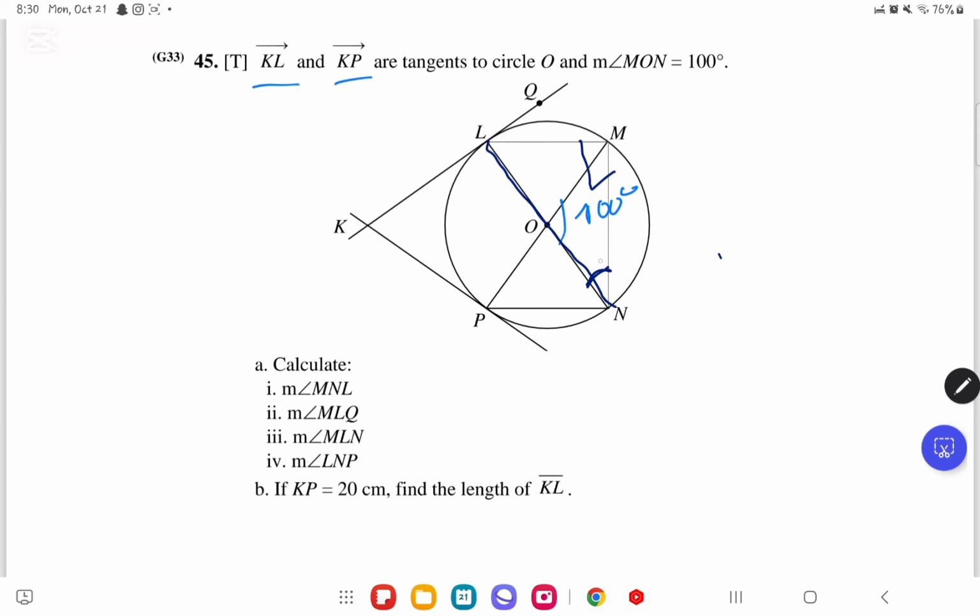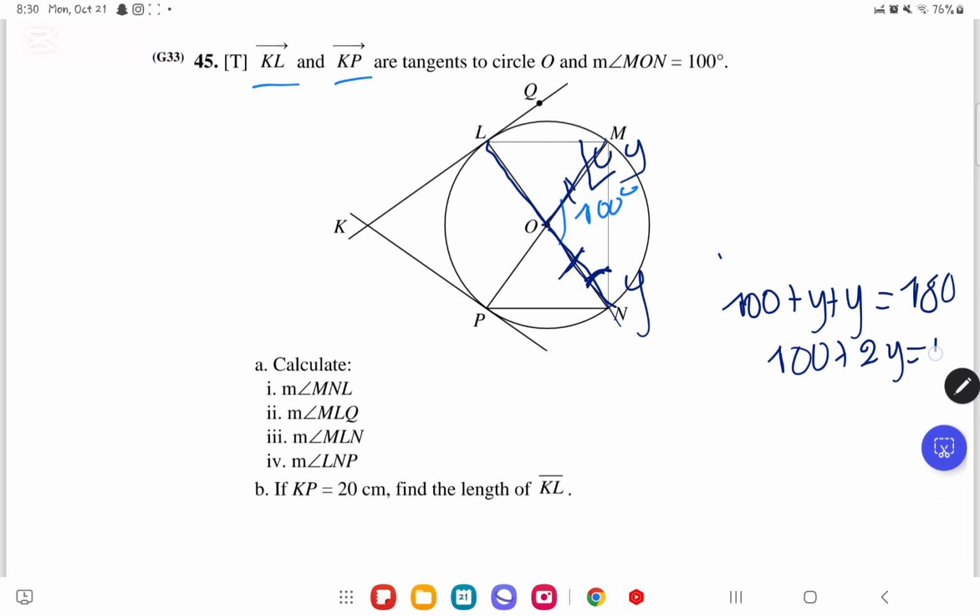And to find this angle over here is very simple actually. This is an isosceles triangle because the radii are equal. This side is equal to this side. So this angle will be equal to this angle over here. We can call this y, we can call this y. So now 100 plus 2y is equal to 180.